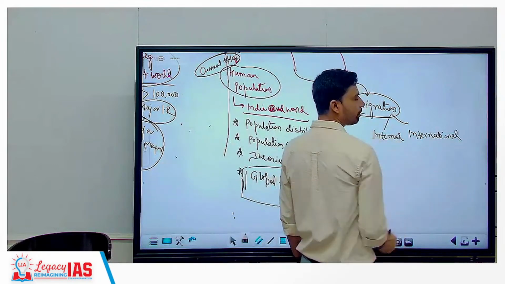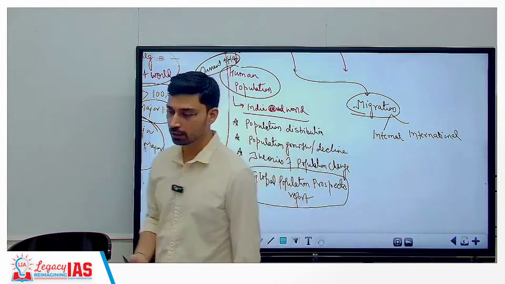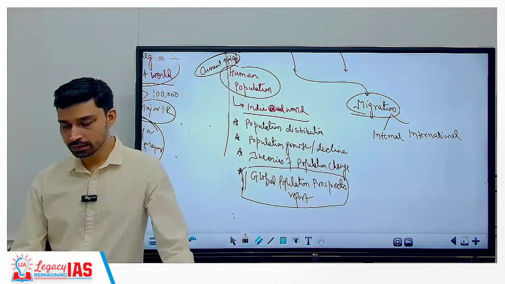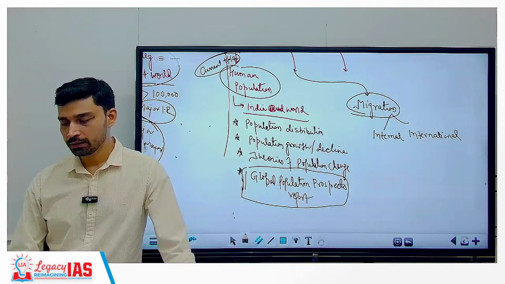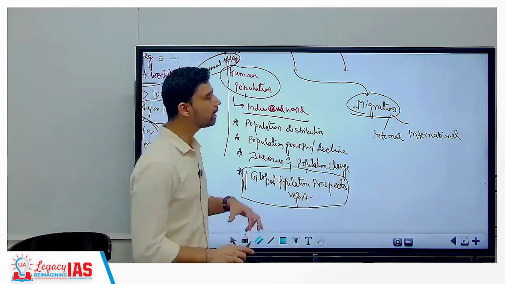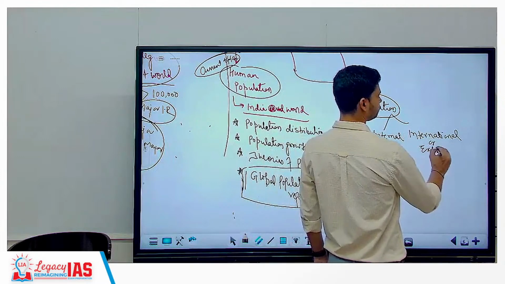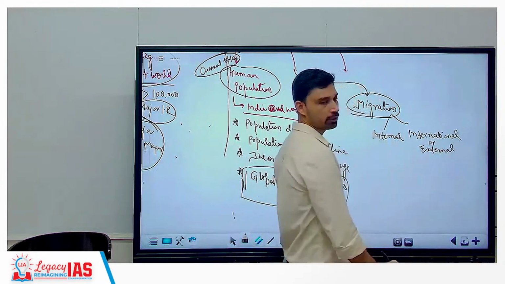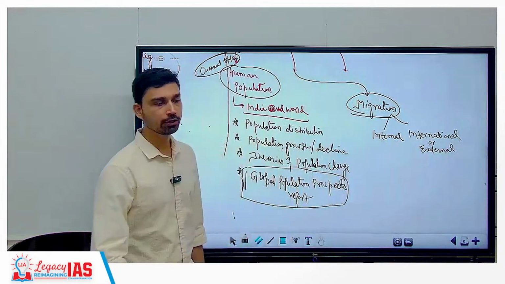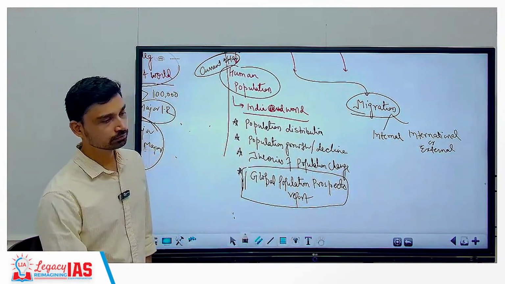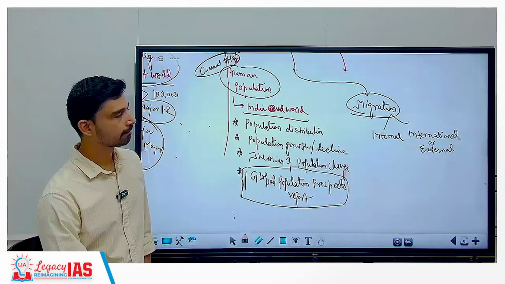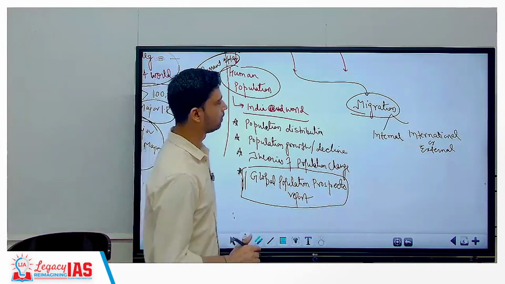Internal migration means migration happening within India. Whatever migration is happening within India will be referred to as internal migration. And when the migration is happening from India to other countries, it is referred to as international or external migration. That is the types.